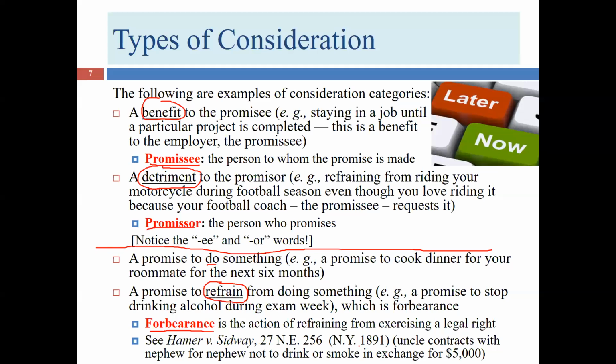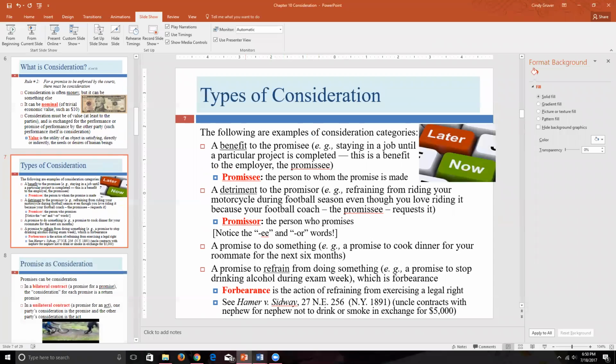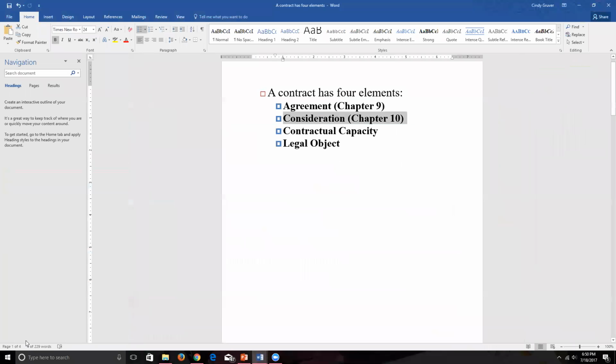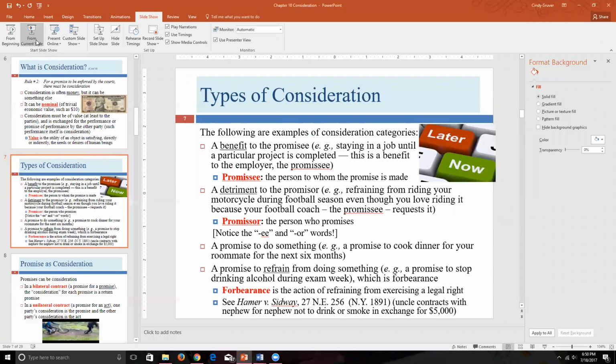In this situation, we have a situation of forbearance, and the issue in the case was, did the nephew provide consideration for this contract? The question in the case is, is there consideration? Now there's clearly consideration in what the uncle is offering to do, but the question is, was the nephew providing consideration?